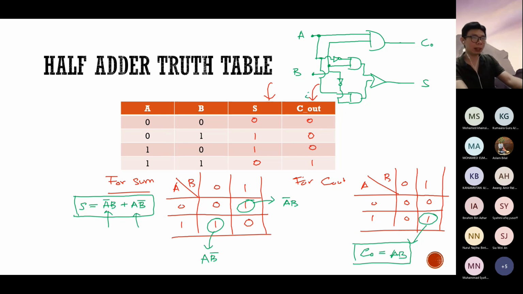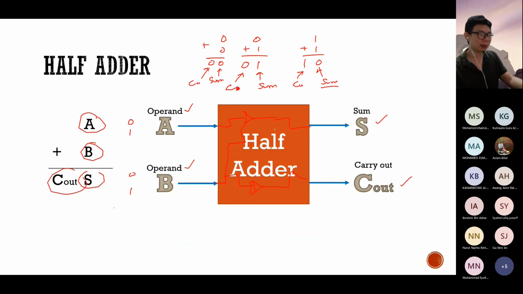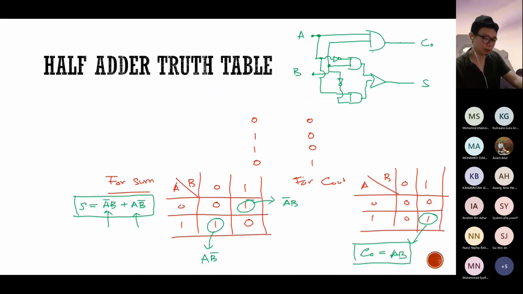Okay, and just like that, what we have over here is a half adder. So remember this. It turns out that inside of this block is this circuit over here. That's how we derive the circuit of a half adder, right?